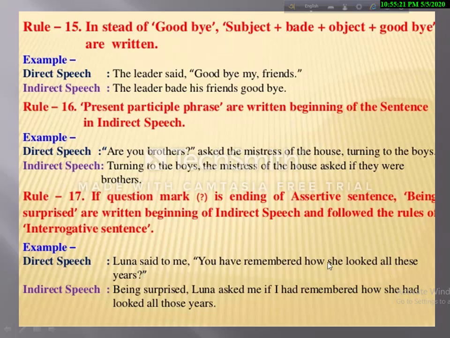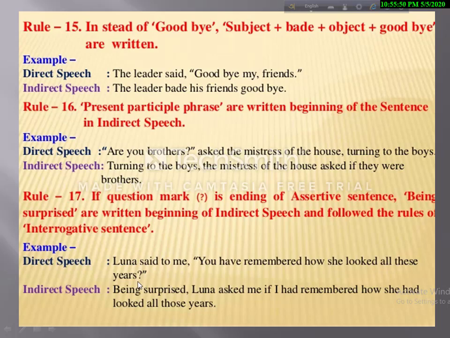So the sentence is assertive, as you can see here. You have remembered. You is the subject, and that's the verb. So it's an assertive sentence, no doubt. But here there is a note of interrogation. Many students think that it is a mistake made by the teacher or person who said it. Actually, it is not wrong.